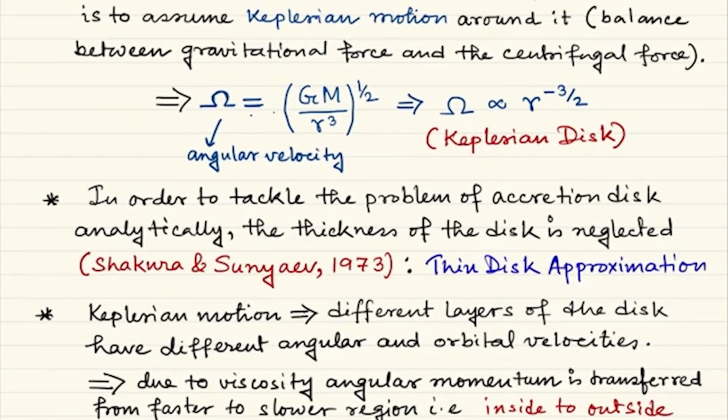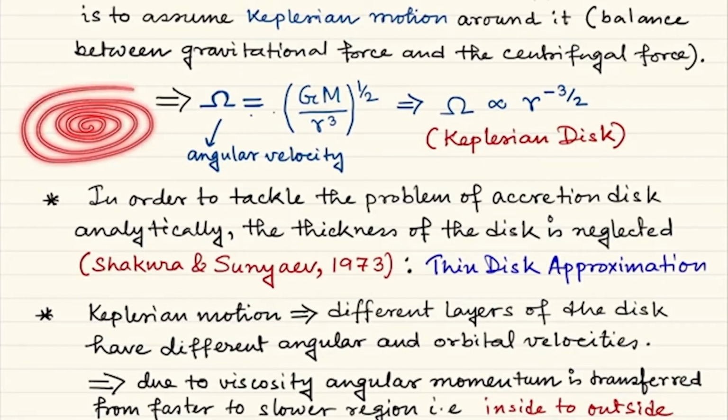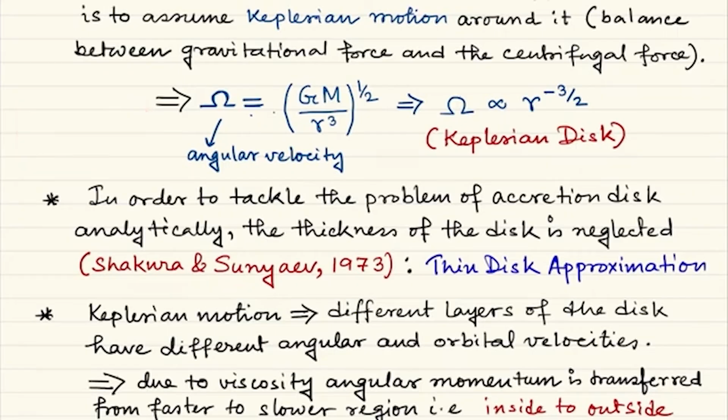And then another point is, of course, if the disk is really thin, then of course the thickness is absolutely neglected, both structurally and also dynamically. And then trivially you can have only a 2D sheet type of thing, and this type of thin disk approximation is very much valid.